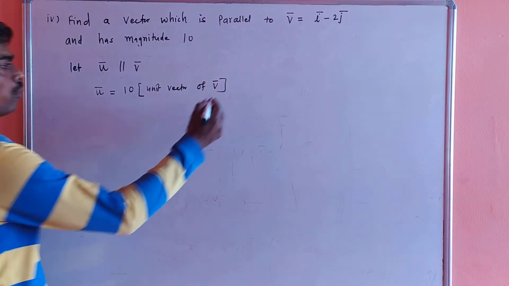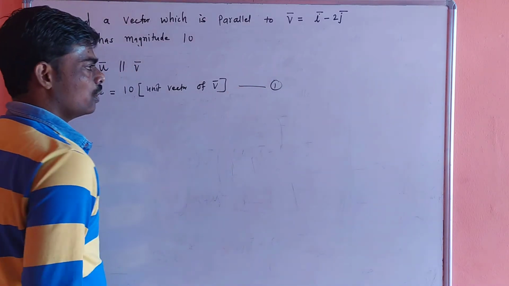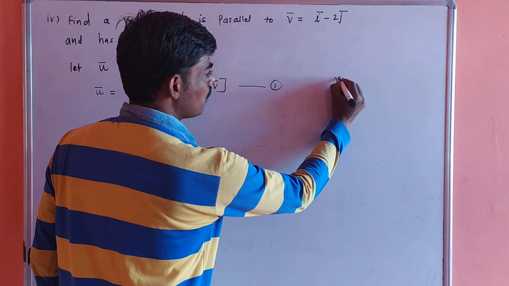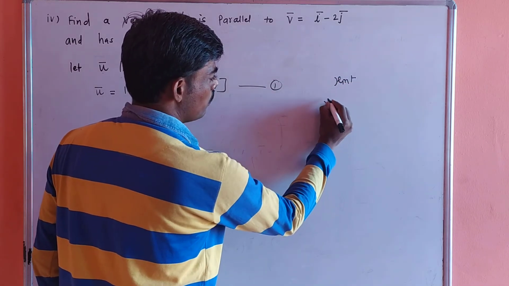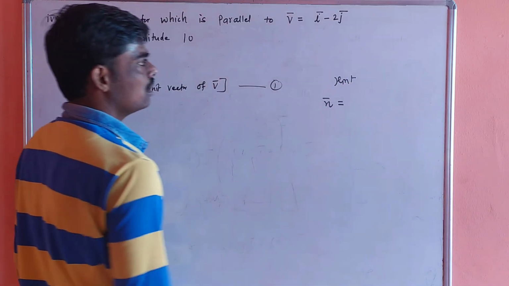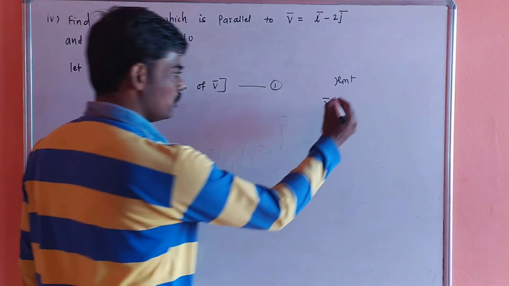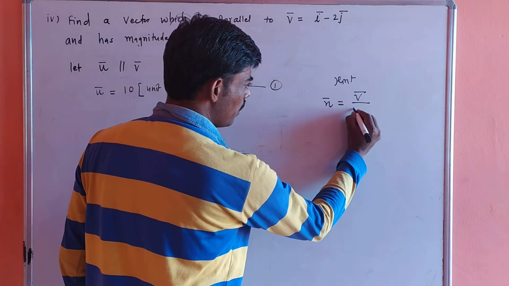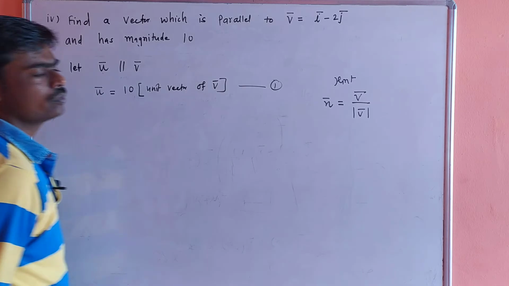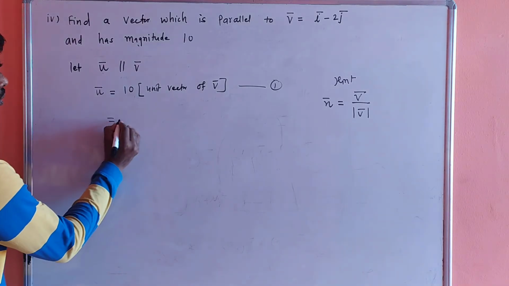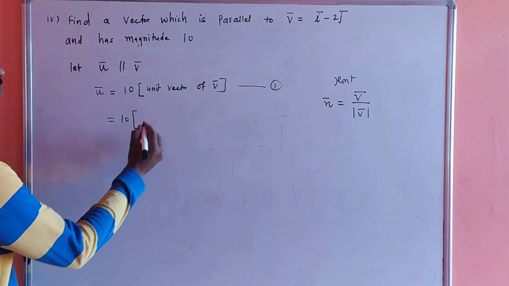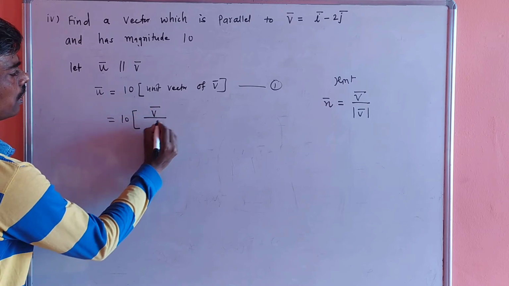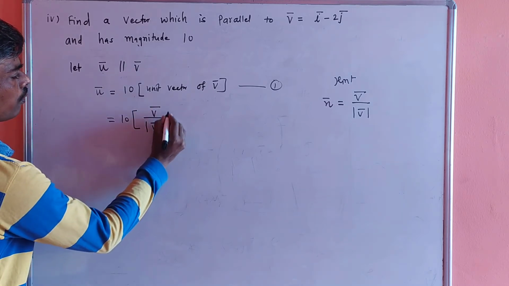So what is the formula for the unit vector? We know that the unit vector of any vector is nothing but the vector divided by its magnitude. So I will write here vector v divided by mod of vector v.